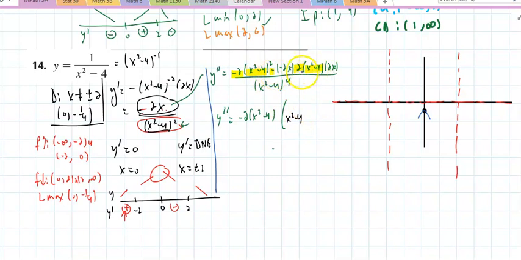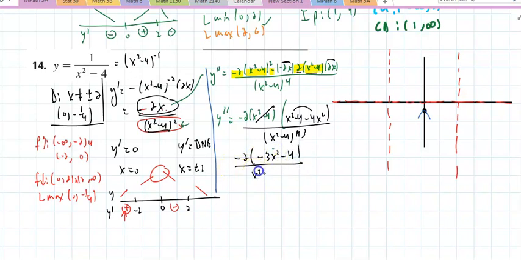Negative 2x times 2x is a minus 4x squared. I am left with a negative 2 and 2. And what is that? Isn't that negative 3x squared minus 4? Let me just double check my work really quick.